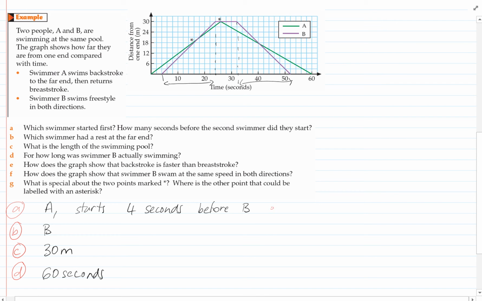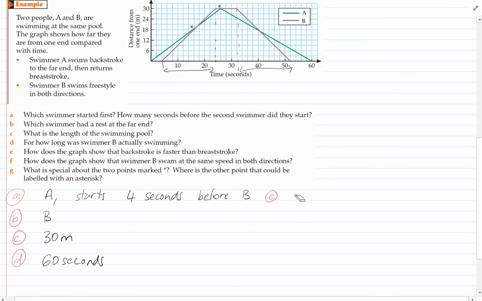And so that's simply our answer for why we know it's faster, because it has a steeper slope compared to the second part. So we'll just say that backstroke has a steeper grade, or slope is fine to say as well.